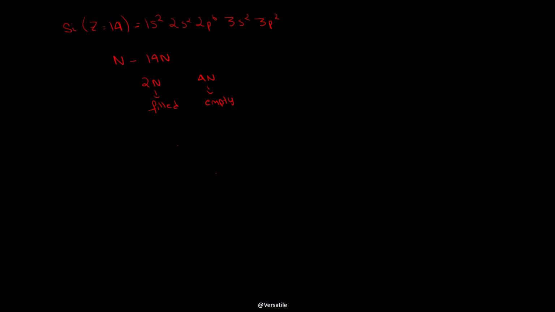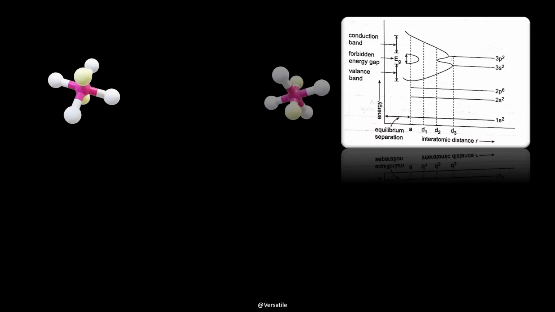If we plot the energy of an electron against the interatomic distance r, it will look somewhat like this. Now we'll discuss the following 4 cases. When the distance between the two atoms is d3, or when the interatomic spacing is very large, each atom in the crystal behaves independently and they do not influence each other, so they have discrete energy states.